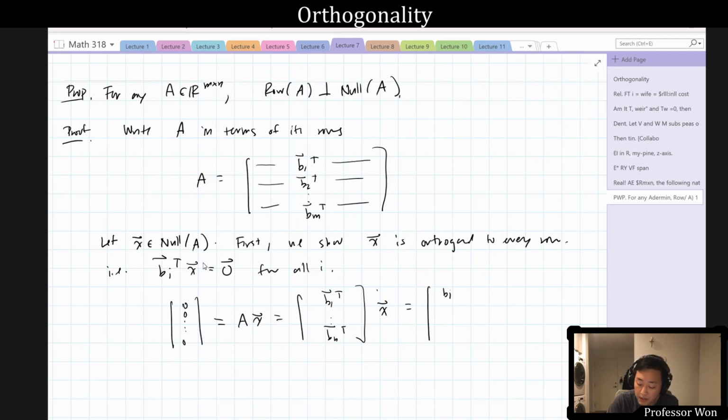So this is b1 transpose times x, b2 transpose times x, bm transpose times x. You just take this row and you multiply it by the vector. So what this shows is that for each i, bi transpose x equals 0. In other words, x is orthogonal to each of the rows.